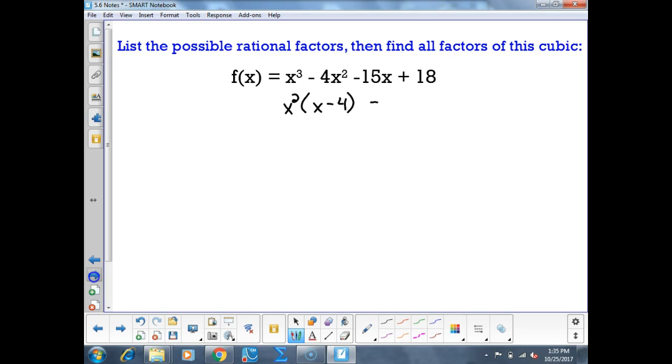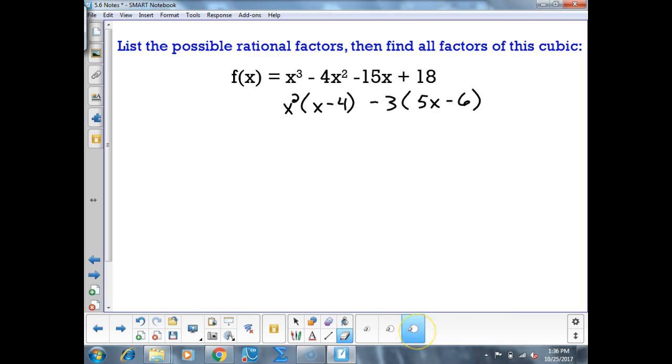And I'd pull out a -3, and that leaves me with 5x minus 6, right? Can I go any further? No. That's why I can't use grouping on this one. I can't use the grouping, so I've got to use this new way of doing it.